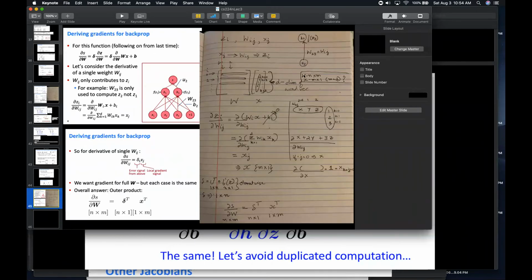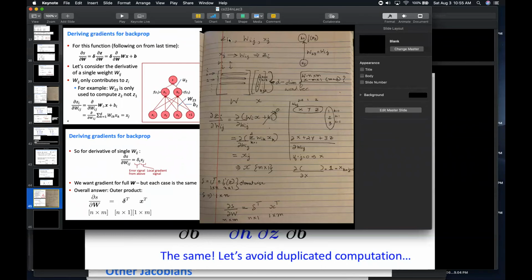And this is just explaining the same thing, how this becomes delta transpose and x transpose. If you look at this, you have z_i, W_ij, and x_j. You take this x_j, which is passed into W_ij and multiplied, and you get back z_i.